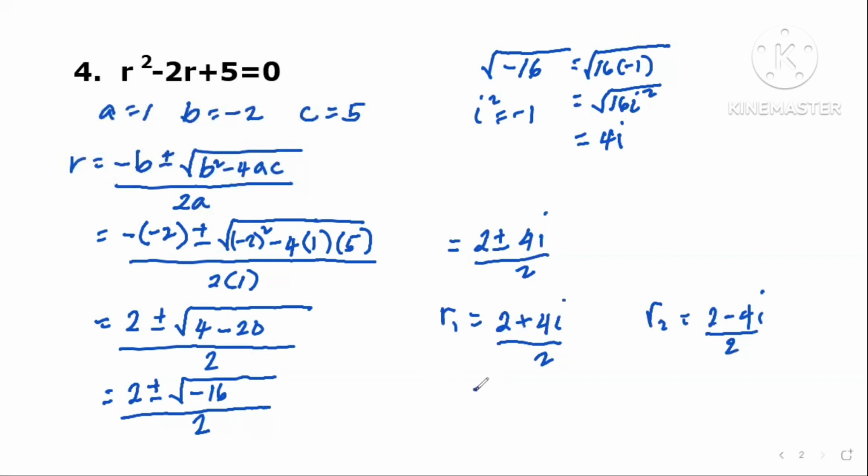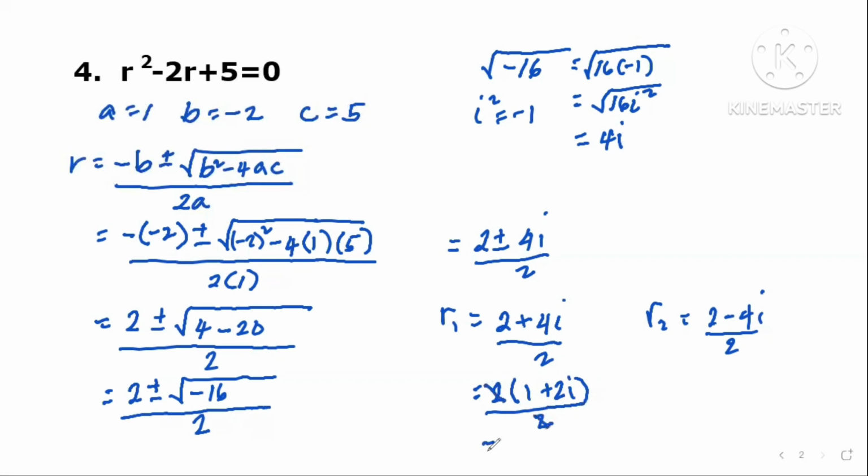Hindi pa, no? Why? Again, just like in number 2, mapapansin nyo, pwede natin i-cancel ang 2 and 2 and 4 and 2. So what do? Pa-factor natin yung numerator. We factor out 2 and then this is 1 and then this is 2i. Pagka distribute nyo yan, 2 times 1 is 2, 2 times 2i is 4i. No? Pinactor lang natin. Over 2. So we can cancel 2 and 2.